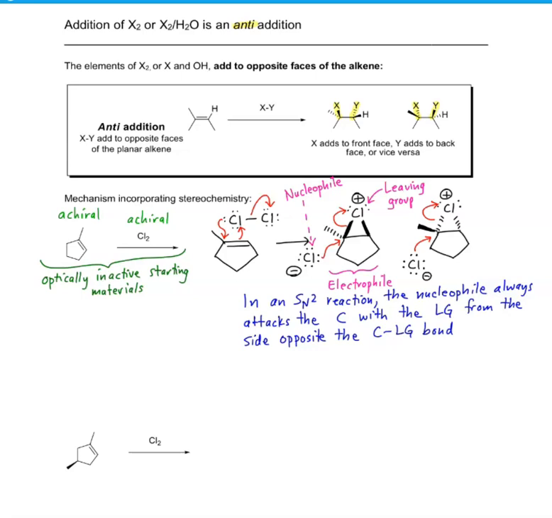That means that the chloride ion, this guy right here, is attacking from behind the page. When it does that, it's going to end up pushing that methyl group forward. So the chloride ion came from behind. That ended up pushing the methyl group forward. And then the bond to the chlorine that's still attached, to the leaving group chlorine, we could call it, is still coming forward. So that would be this bond here.